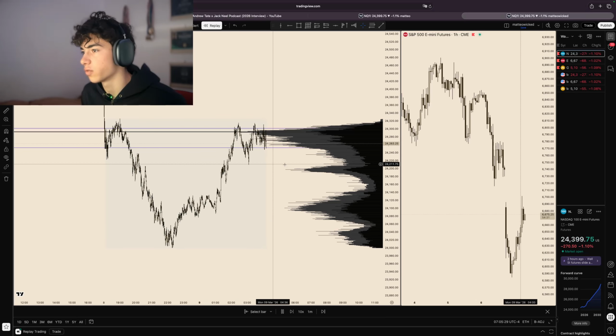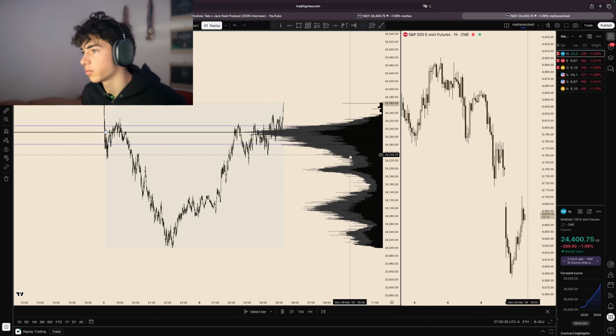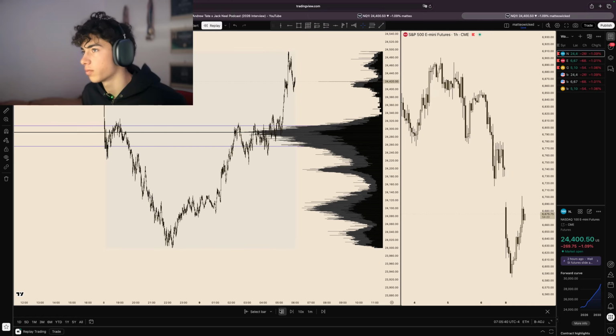And we see a reaction from a low volume area like this, okay? As you can see here. Here we reacted from a shelf, and here is very low volume.